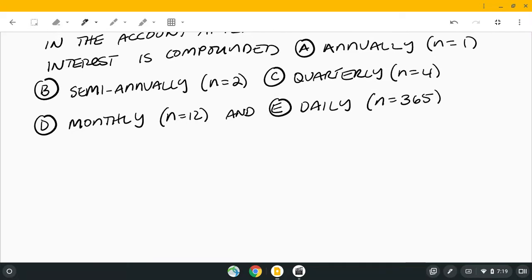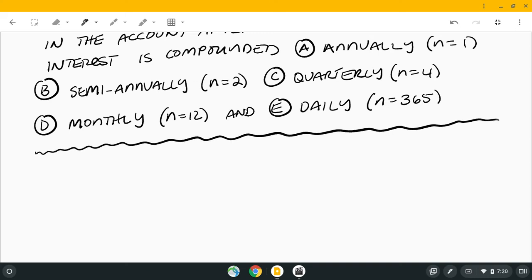All right, so let's go ahead and do this problem. For all of these problems, we're going to be using the formula P times 1 plus r over n to the n times t. Letter A, annually.